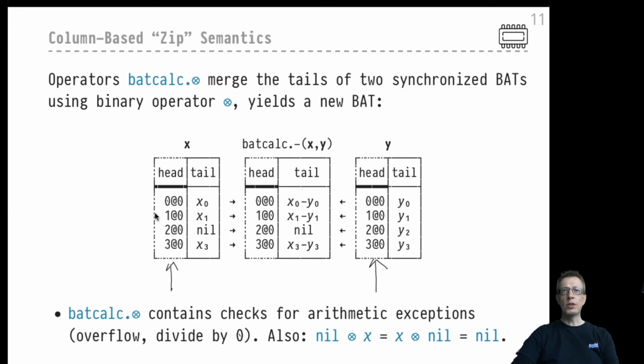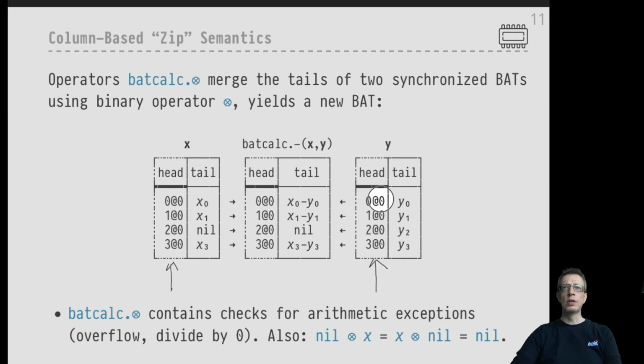Of course, the cardinality of these BATs is the same, but they also carry the same entries here in the head column. So we know that the entries at OID 0 and OID 0, those are to be considered the arguments of one subtraction, and indeed we would perform a subtraction on the x0 and y0 value, store the subtraction result under the OID 0 here.